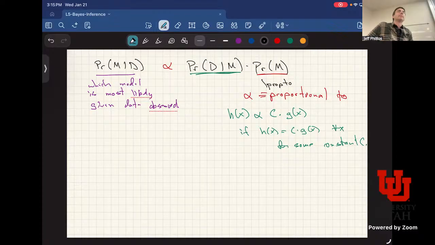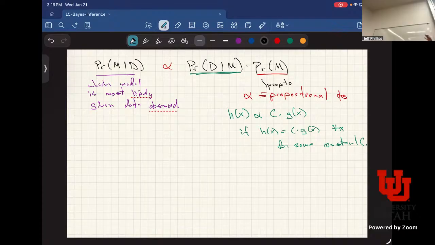Big X? Yes, these are for some argument of the function. H and G are just abstract functions. H of X is proportional to G of X if, for all arguments X of those two functions, I can multiply G by some C. I don't need to know what C is.